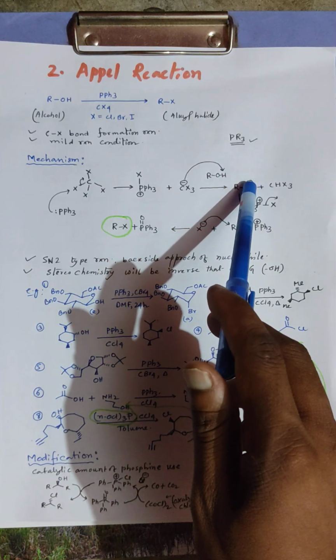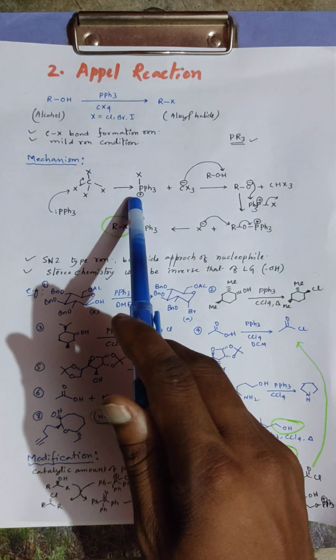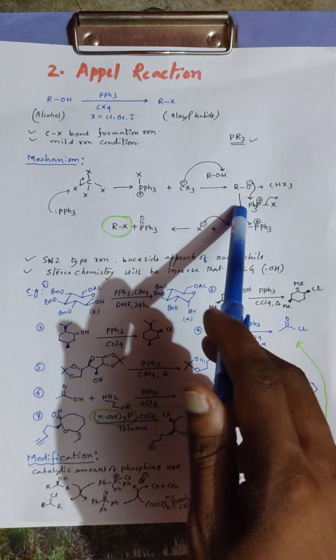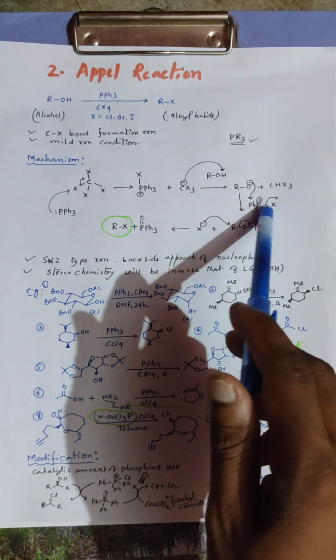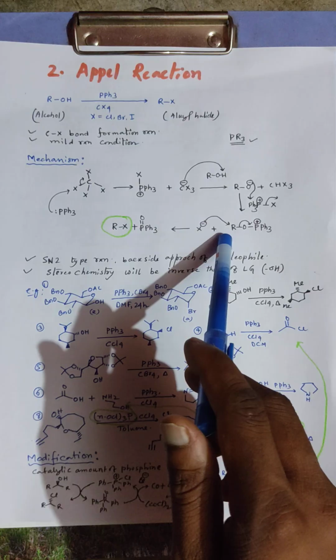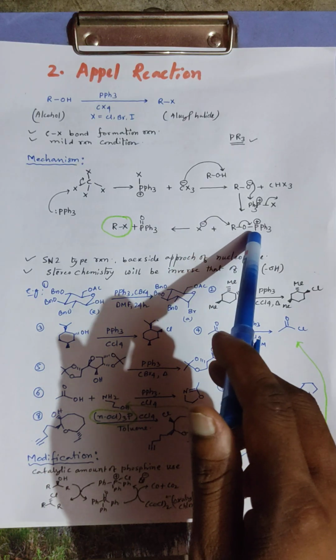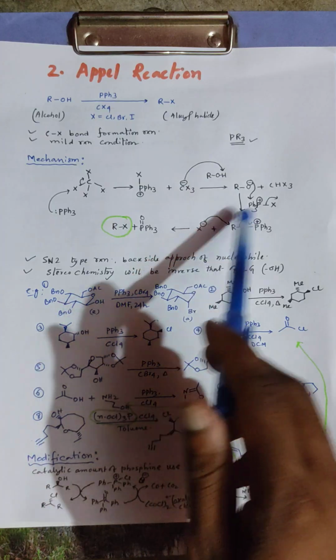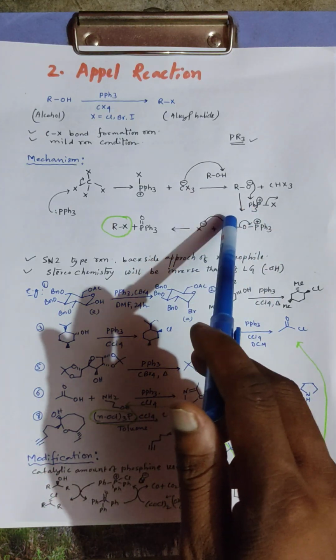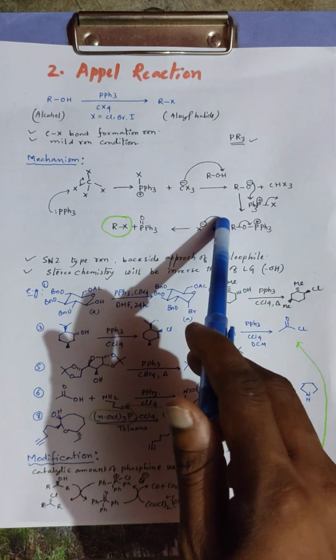That alkoxide anion further reacts with this PPh3+ X-, and X leaves as a leaving group, so it gives the RO-PPh3+. Now this X- which left out acts as a nucleophile.